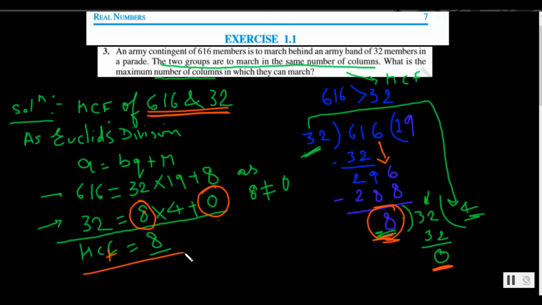So we can write that the maximum number of columns in which they can march is, just give the same statement in your answer and write, is 8. Okay, and hence this is the answer.